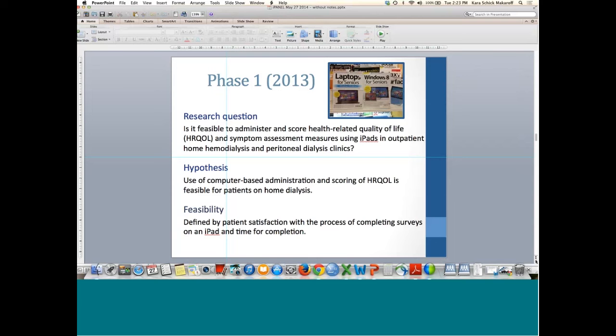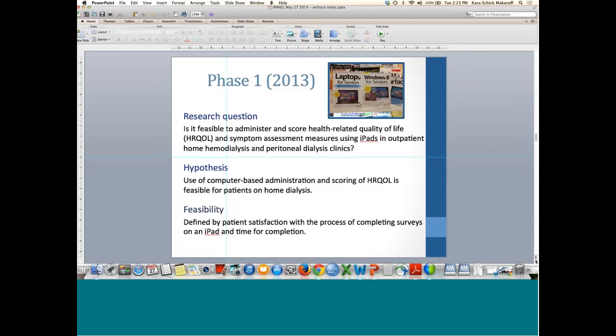There are two phases in this project that I'm leading, and the first phase is a pilot study that was completed in 2013. My research question is on the slide here: Is it feasible to administer and score health-related quality of life and symptom assessment measures using iPad in outpatient home hemo and peritoneal dialysis clinics?